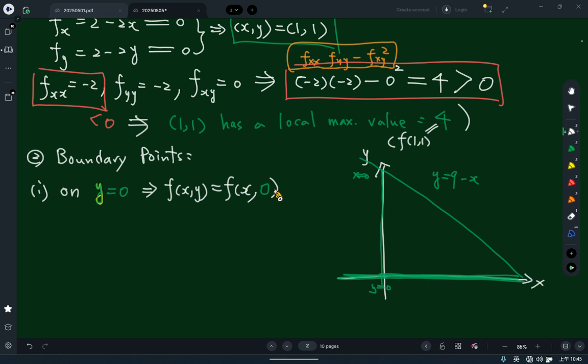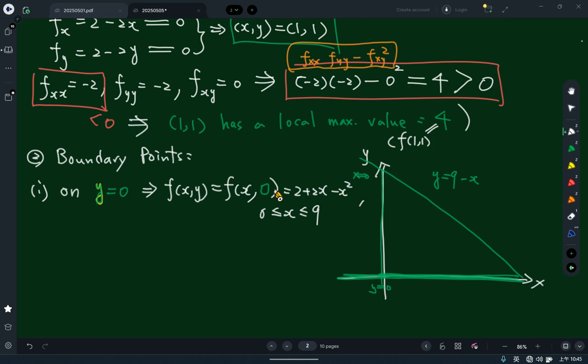So the function will become 2 plus 2x minus x squared. Then x will be restricted between 0 to 9. Why is it 0 to 9?